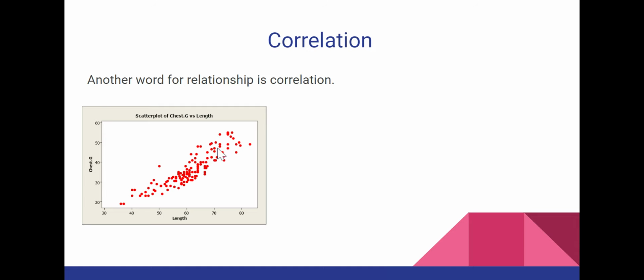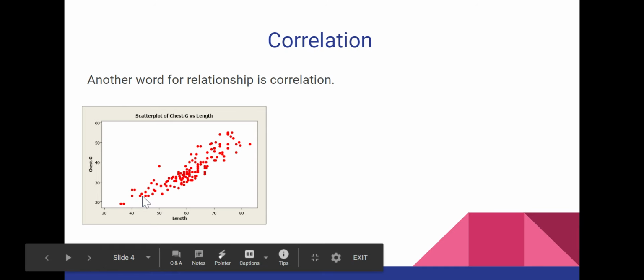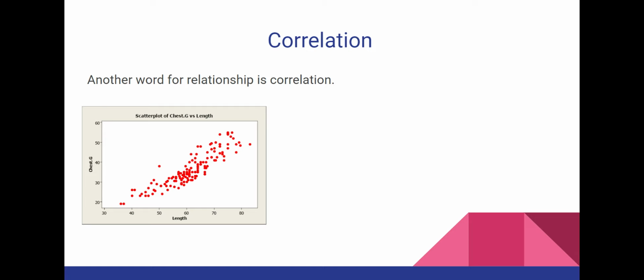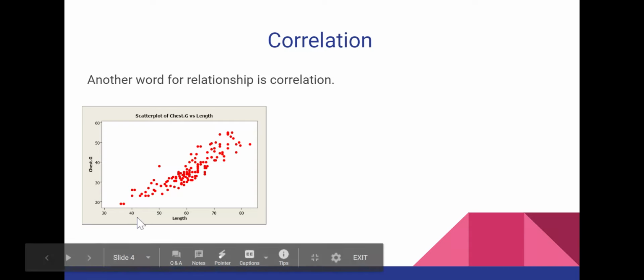But because the dots are not close to each other where I can draw a line, even though a thick line won't make it strong. So the dots are not so close to the line if you draw one, which makes it a weak linear positive relationship between the length and the chest. Every time the length increases, the chest will increase too.